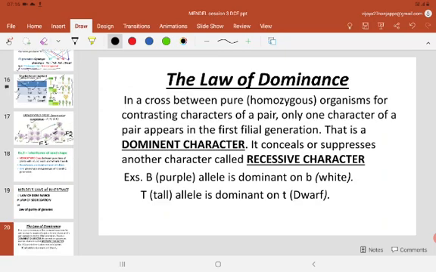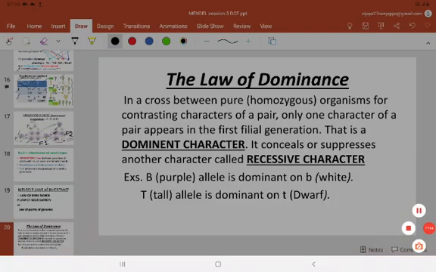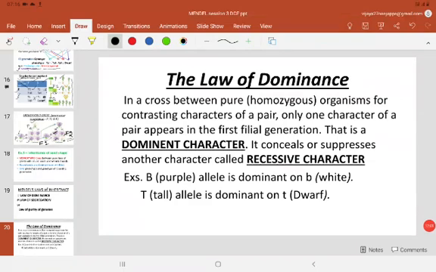Law of dominance. Some scientists will not consider this as one of the true laws of Mendel, whereas some consider this as the first law. Either way, it doesn't make much difference. The law of dominance, we understood with a few examples related to monohybrid cross.